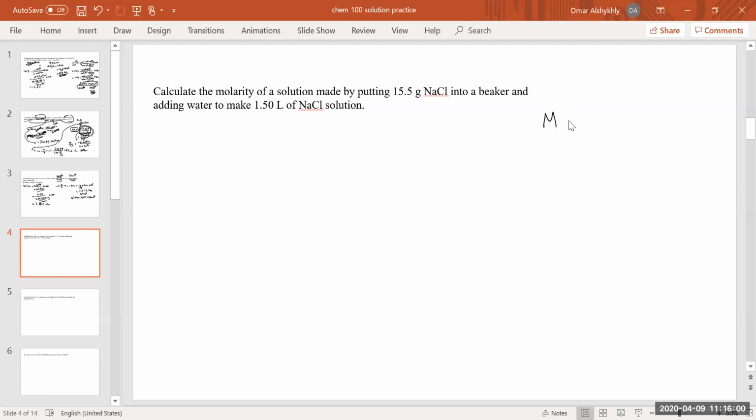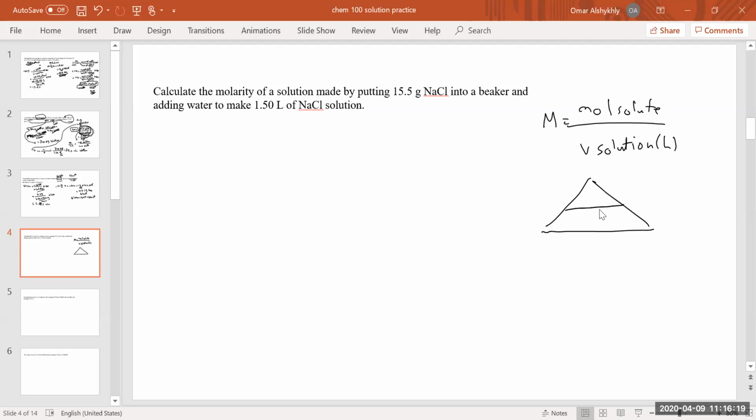The molarity equals mole solute divided by volume solution, but in liter, supposed to be in liter. Now, it's better to do this diagram here. Let's deal with this. Molarity equals mole divided by volume in liter.